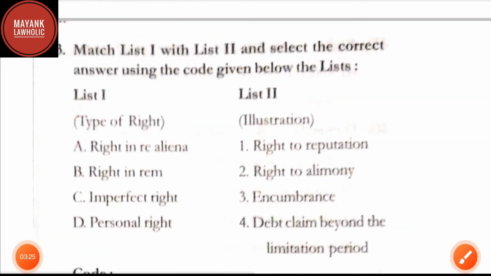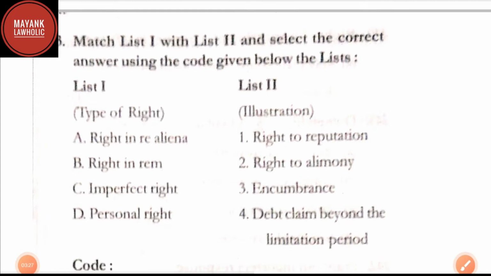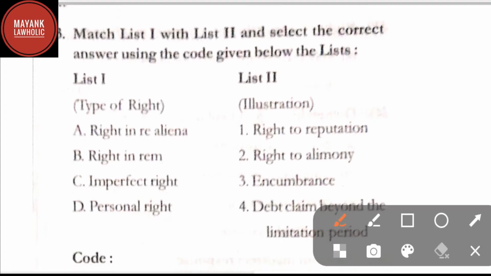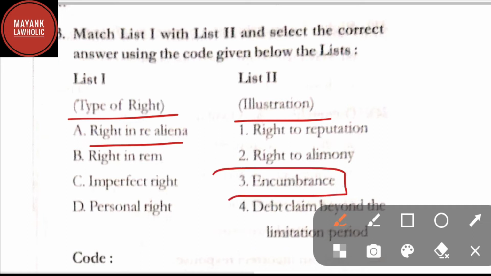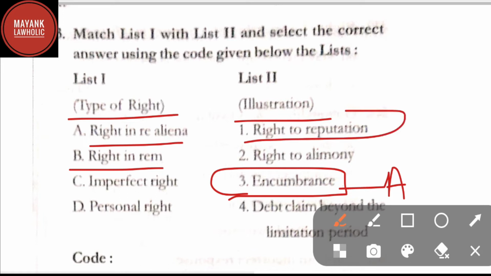Now let us proceed to question number 233. Question number 233 is again about matching list first and list second. Here in list first, the type of right is given, and list second is about illustration. So let's go through it by option A. Right in re aliena: the correct match will be encumbrance. And right in rem will be right to reputation.